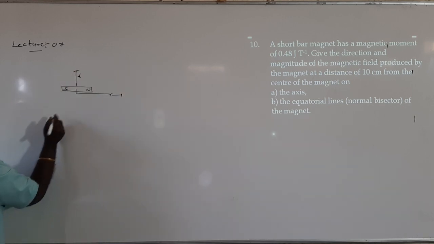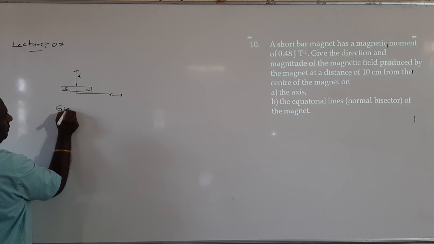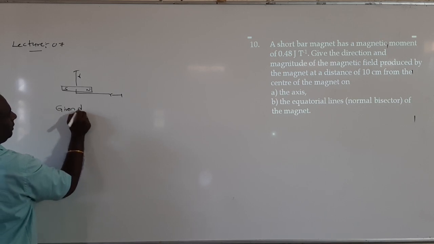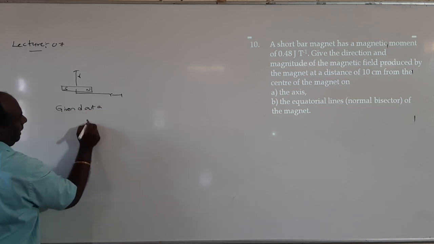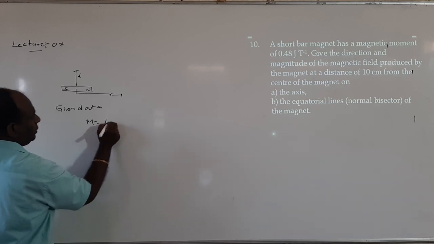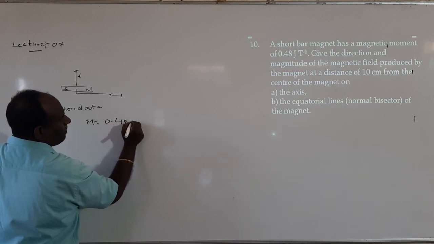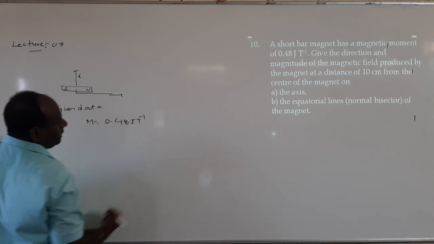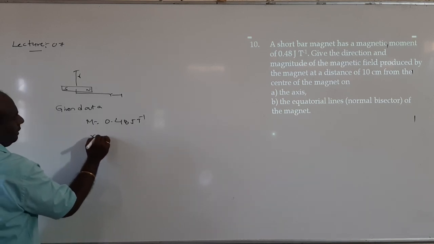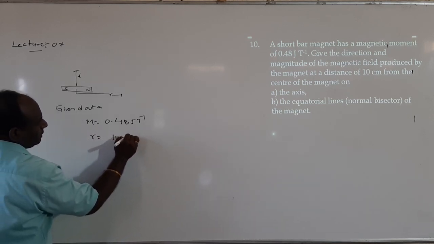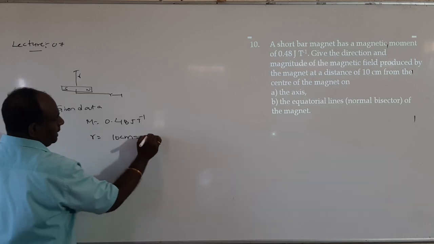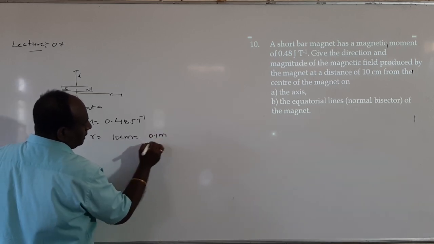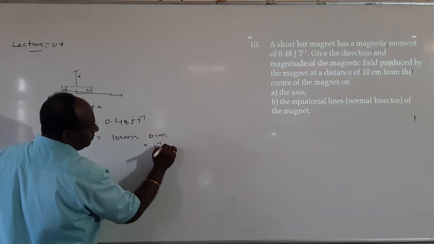So we have a formula. What is the data they give? Given data: m is equal to 0.48 joule per Tesla, and r value is 10 centimeters. So 10 centimeters is 0.1 meters, equal to 10 power minus 1 meters.